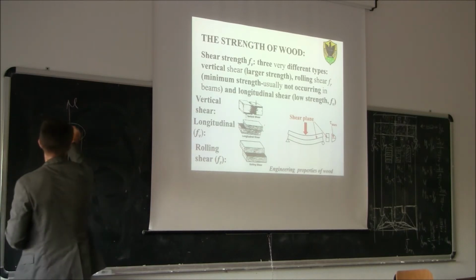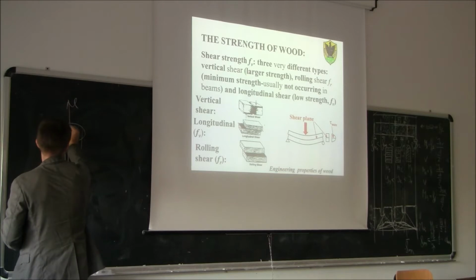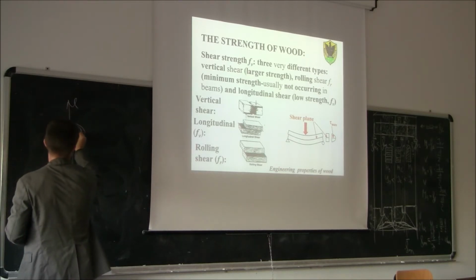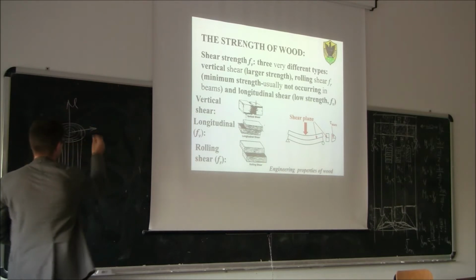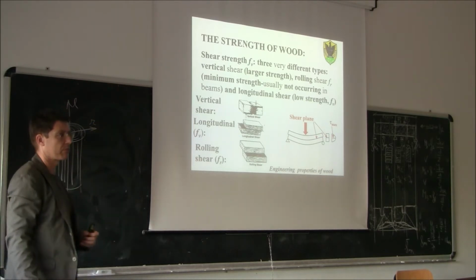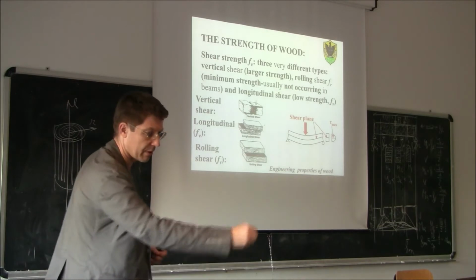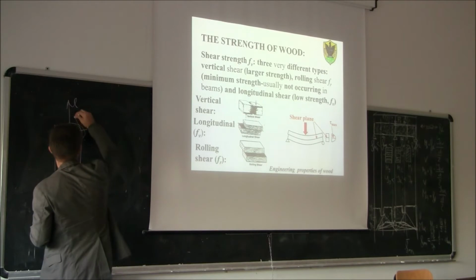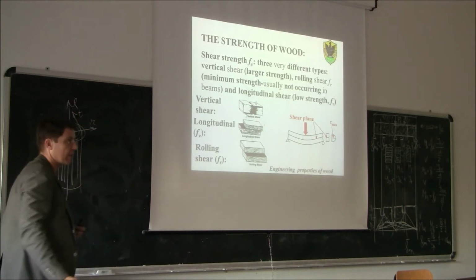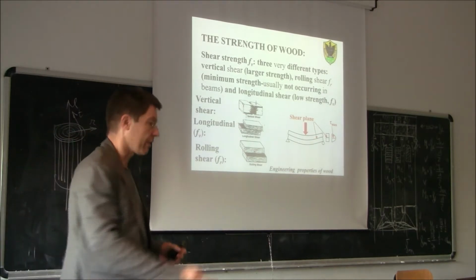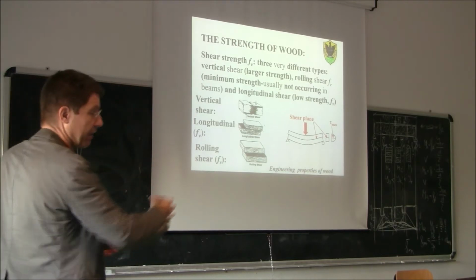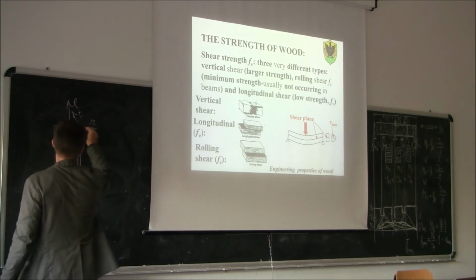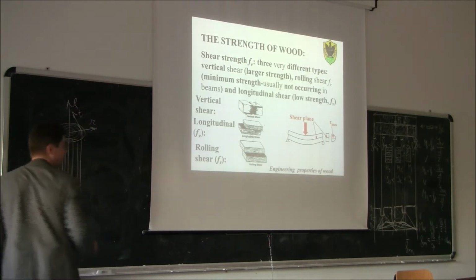And then in the plane of the trunk, this is the growth ring, here we can have two different directions. The so-called radial direction, the direction perpendicular to the growth ring, and the tangential direction. Tangential direction is the direction in the same plane, the cross section, but perpendicular to the radial direction. So basically, it's the direction tangent to the growth ring.